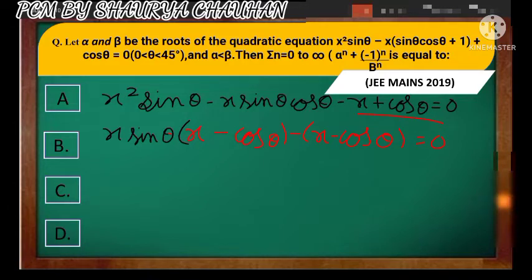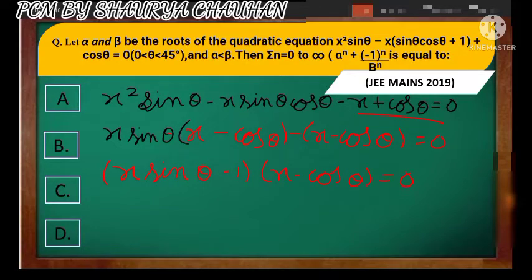So here, taking (x minus cos theta) common from this whole equation, it will become (x sin theta minus 1) into (x minus cos theta) equals 0.